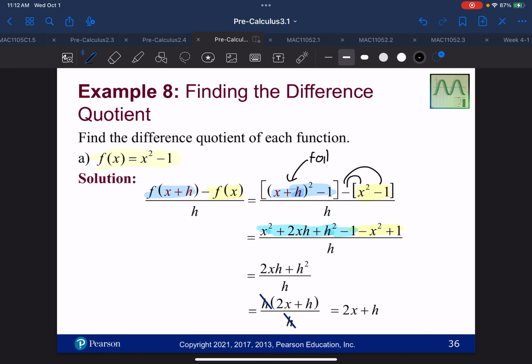And then we just combine like terms on the top, so the x squareds cancel. The negative 1 and the 1 cancel, and it leaves us with 2xh plus h squared. And then we can see that every term has a factor of h, so we factor an h out of the top, and then cancel the common factor of h, and that leaves us with 2x plus h. So that is the difference quotient for that function.